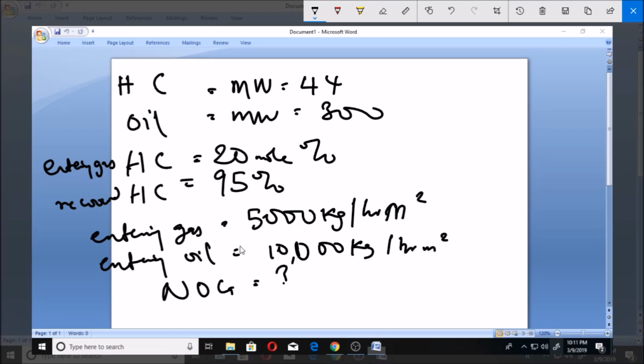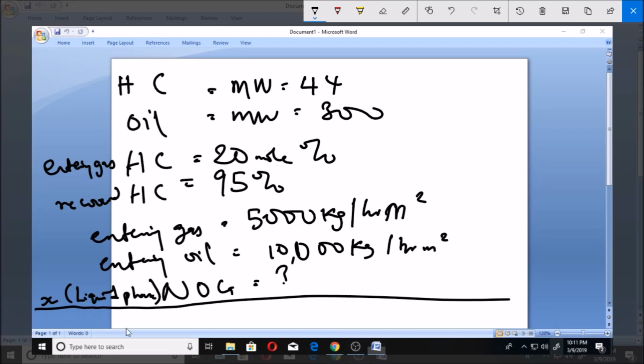The equilibrium data is as given below. I'm going to have X for liquid phase and Y for gaseous phase. I start at 0 for X, Y is 0. At 0.1, Y is 0.01.